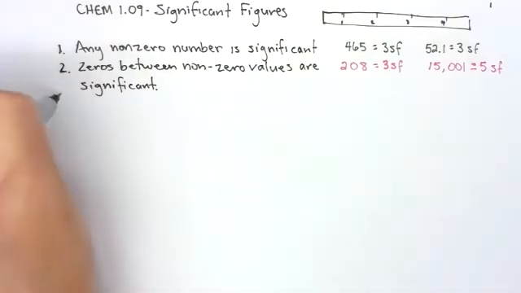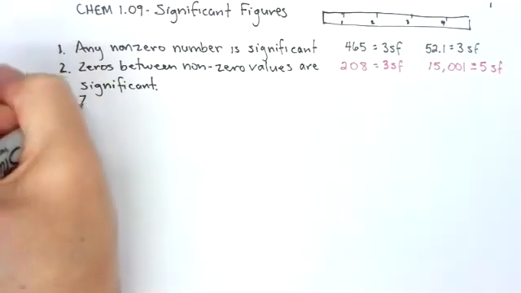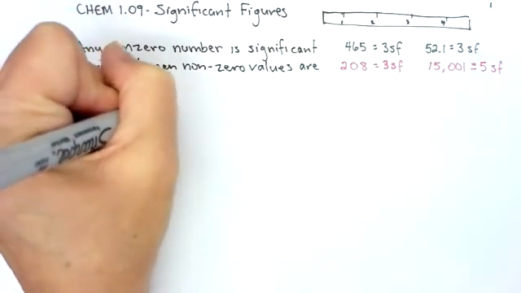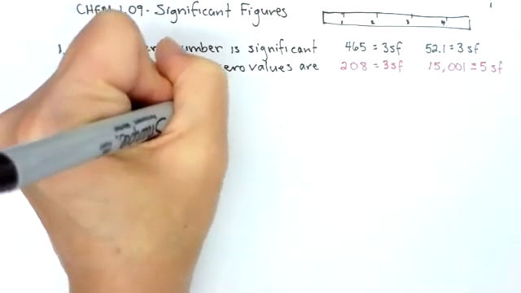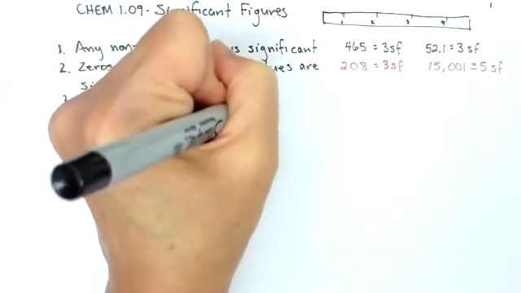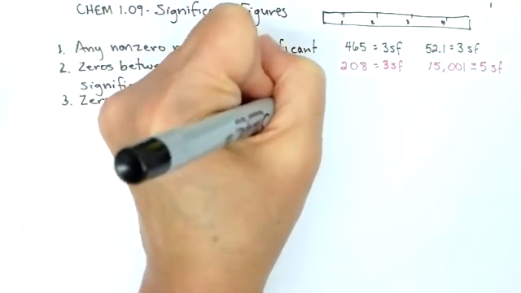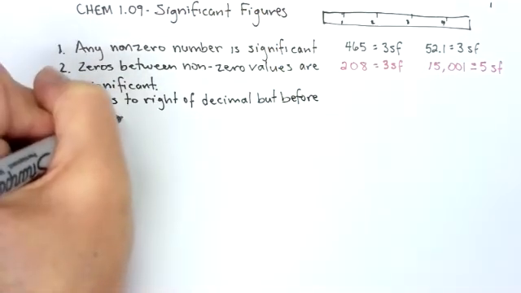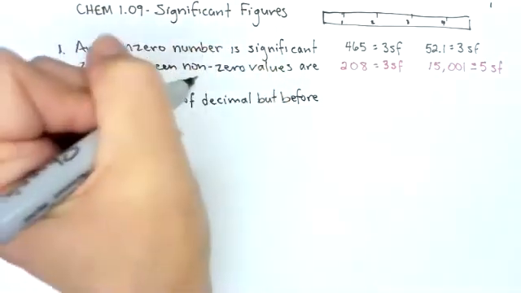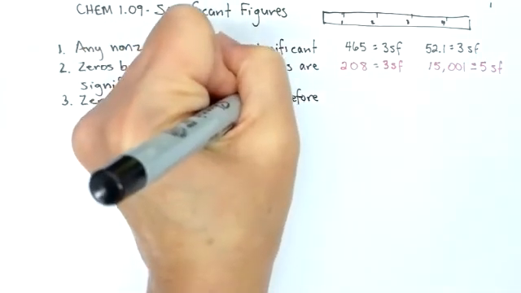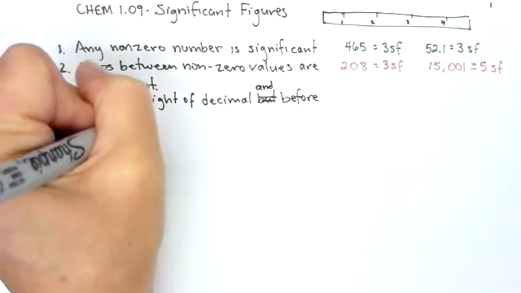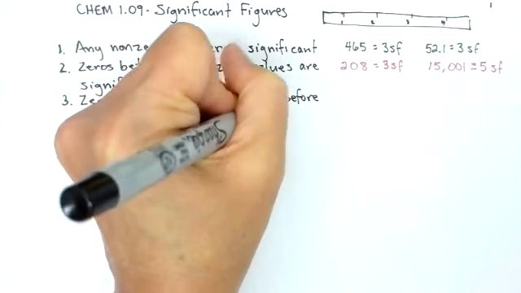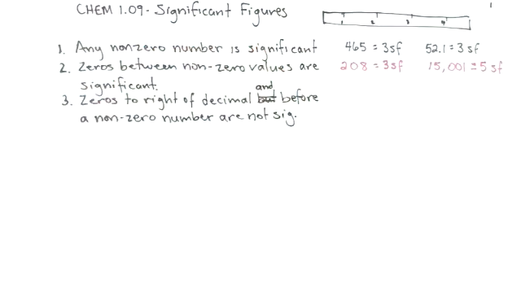All right, rule number 3. Zeros to the right of a decimal but before a non-zero number, or I should say and, are not significant. I'm just going to abbreviate significant there.